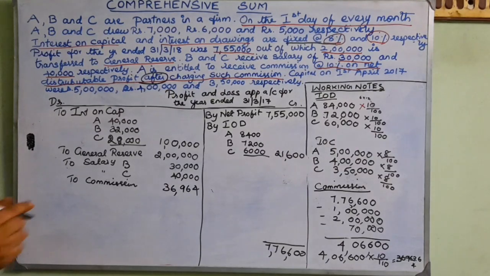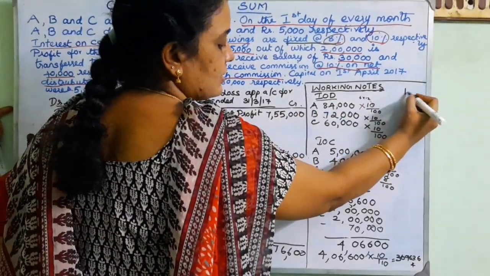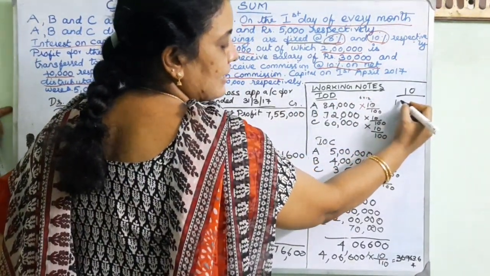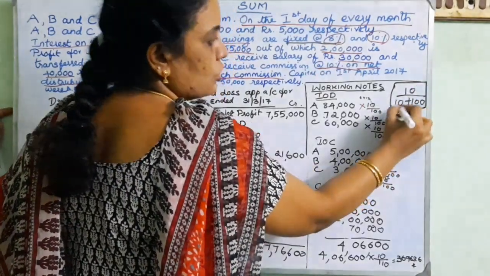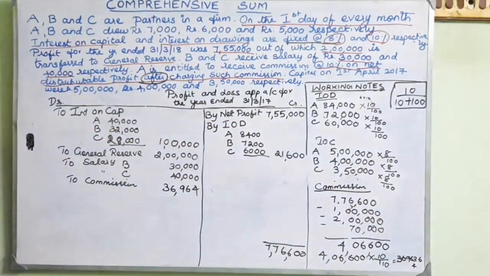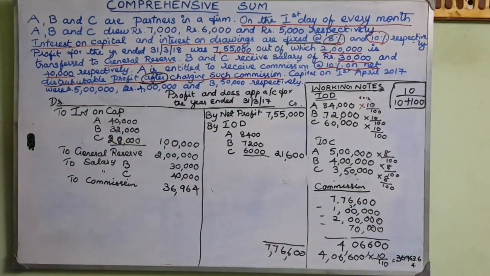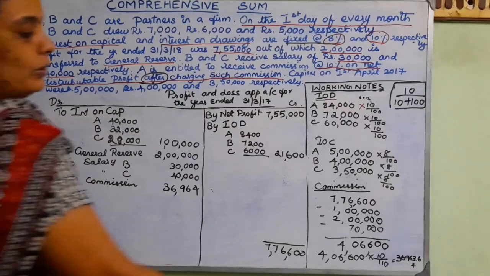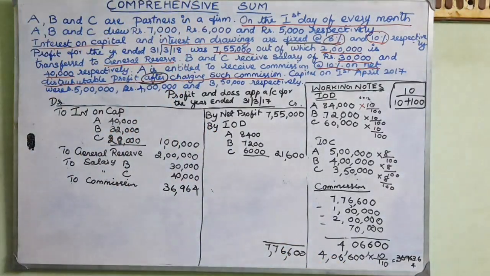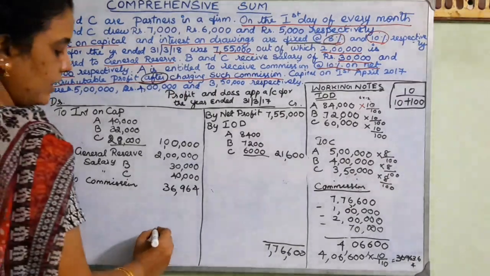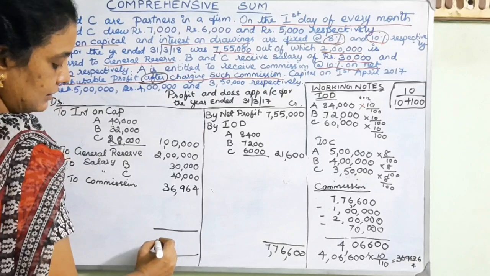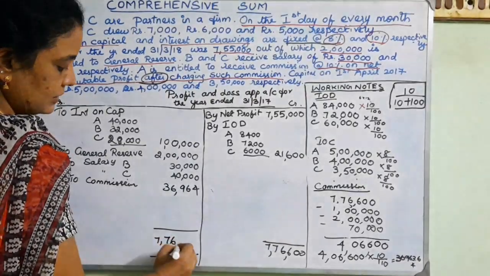For after charging commission, the rate is 100 plus 10, so we apply 4,06,600 into 10 by 110, which gives 36,963.6. You can round it off to 36,964.